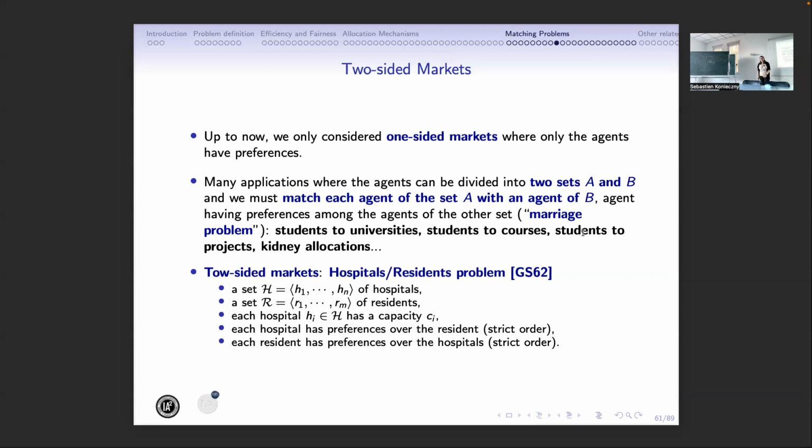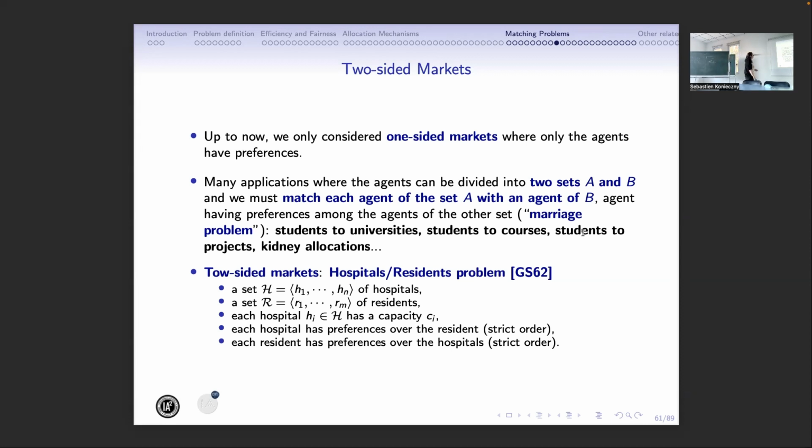In kidney allocation, you have kidneys and patients, and you have to assign kidneys to patients. In fact, you have two-sided preferences because of the compatibility of the kidneys to the patient.